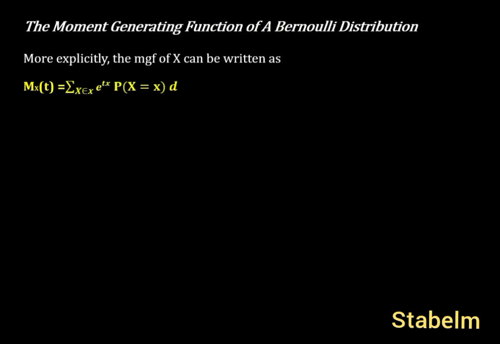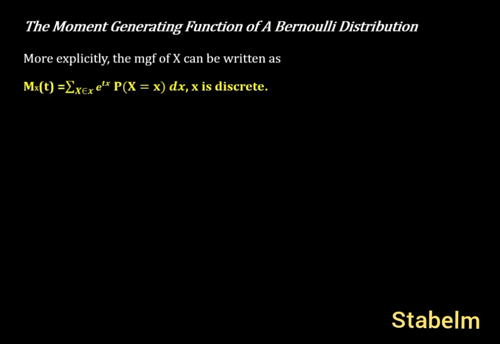Now let's look at the moment generating function of the Bernoulli distribution. More explicitly, the moment generating function of X can be written as M subscript X of t equals summation of e raised to power tx multiplied by P of X equals x. Because X is discrete, that's why we have this formula here.